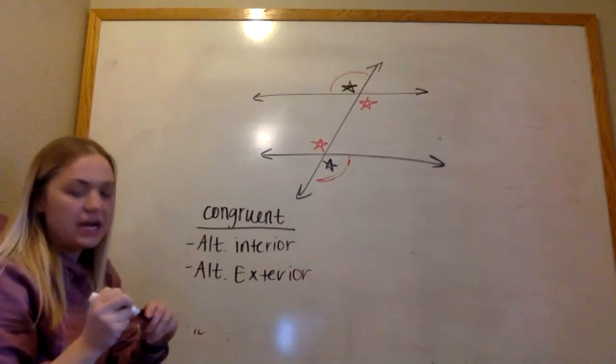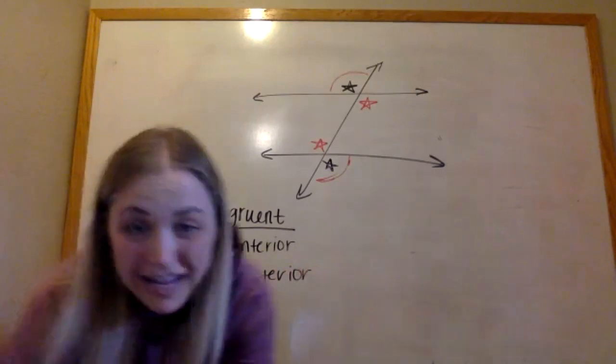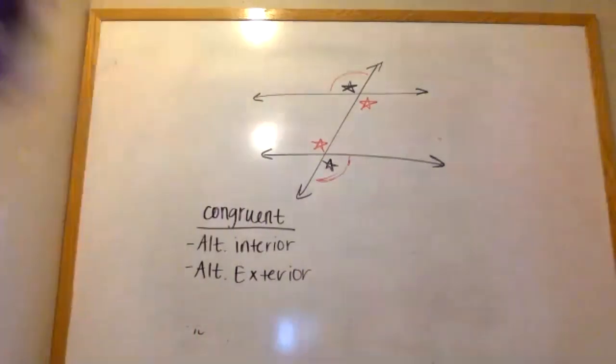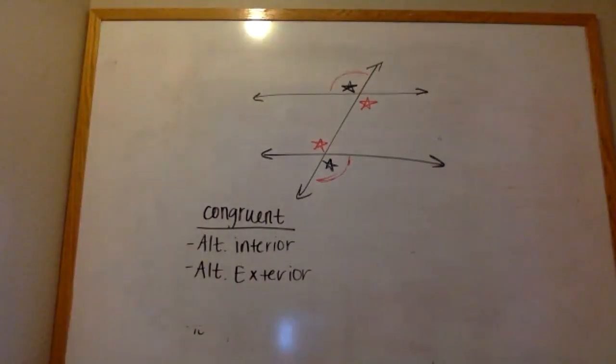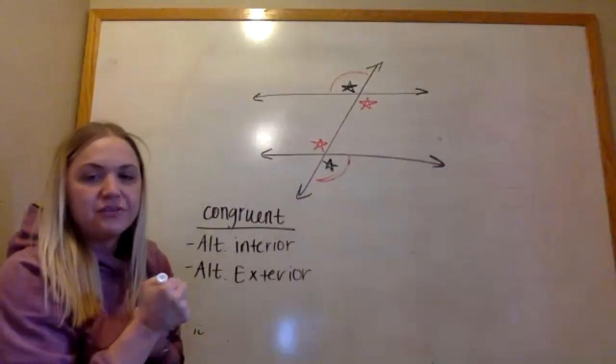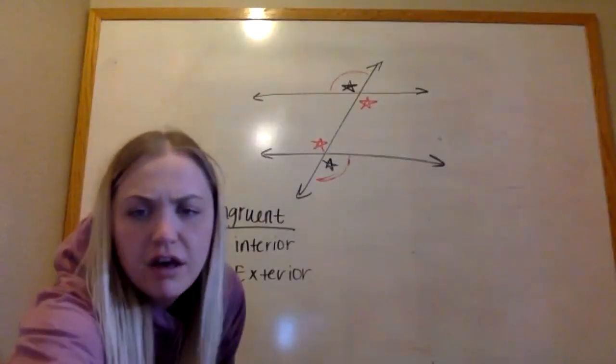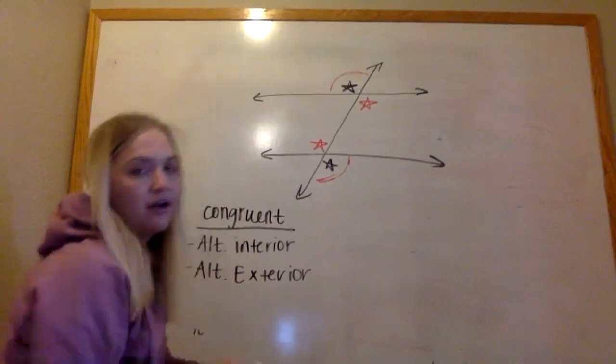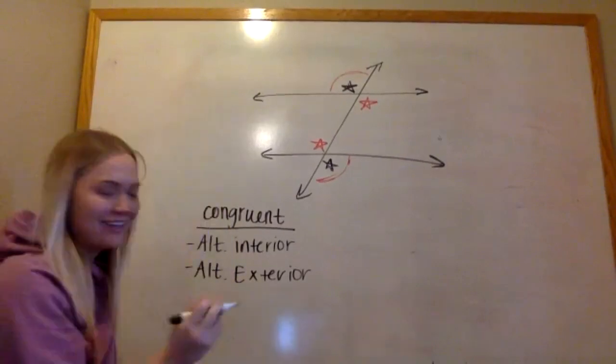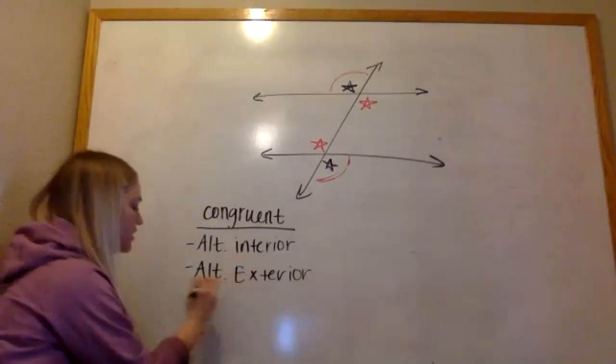I want you to see if you can come up with the next few that are congruent. Okay, we've got alternate interior and exterior.